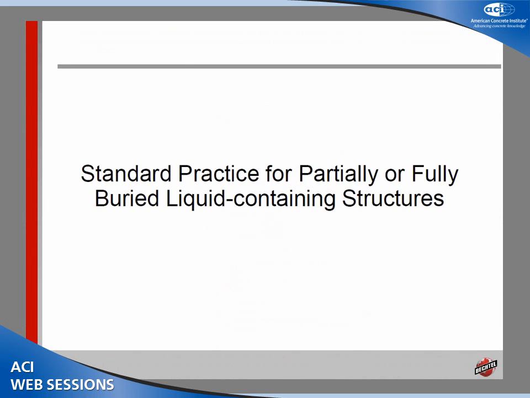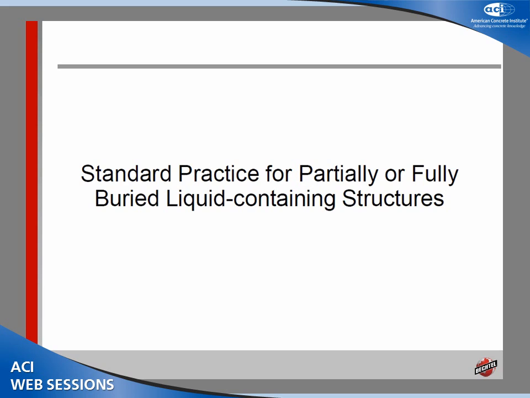So with this background, I'm going to go on to the standard practice. We went over this exercise because in the case of nuclear structures, ACI 349, which is the code for design of nuclear structures, really doesn't provide much guidance.